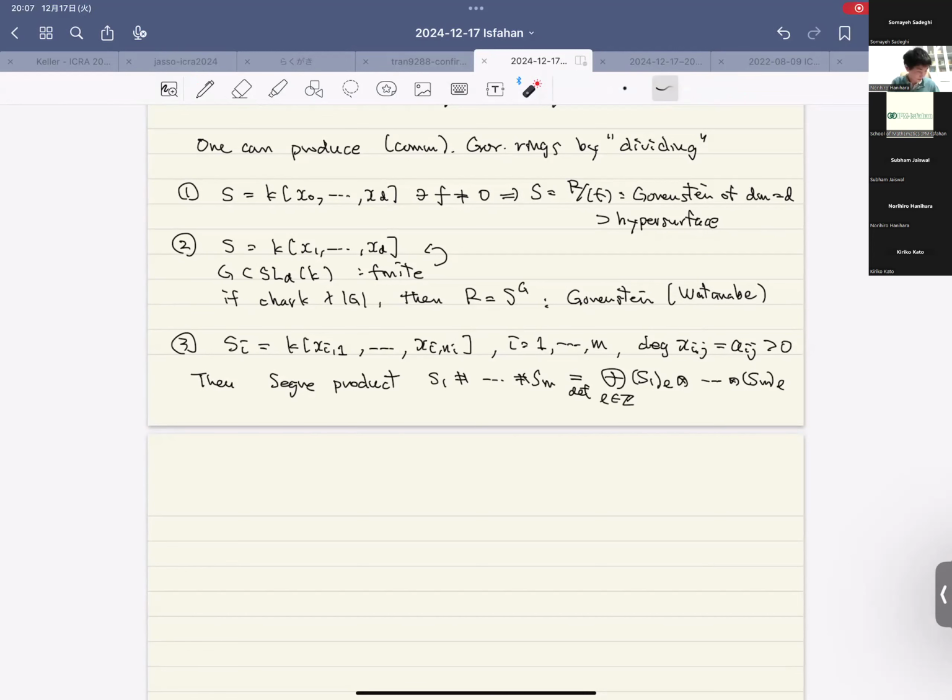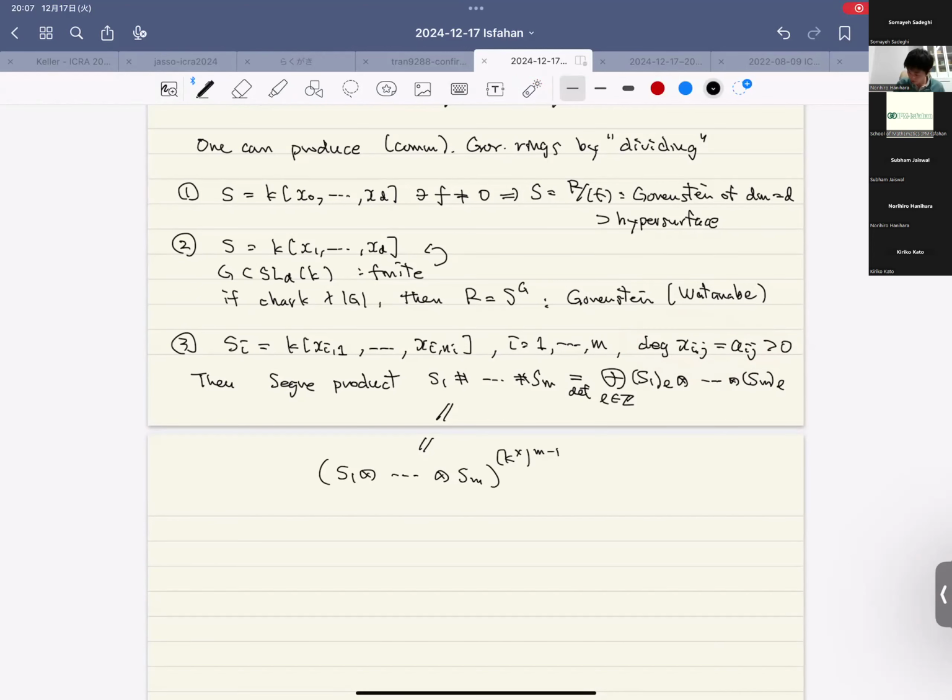And this is isomorphic to some torus invariant of the tensor product, whose action is given by these weights.